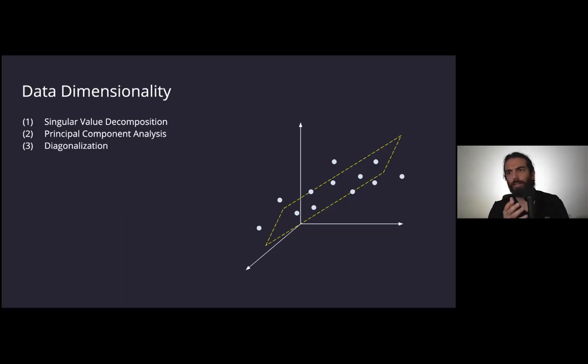How do we do that? One of those mathematical techniques with which this is accomplished is principal component analysis, PCA for short. This is a technique from linear algebra. Now, in order for you to understand how PCA works, you must understand the nature of matrices.